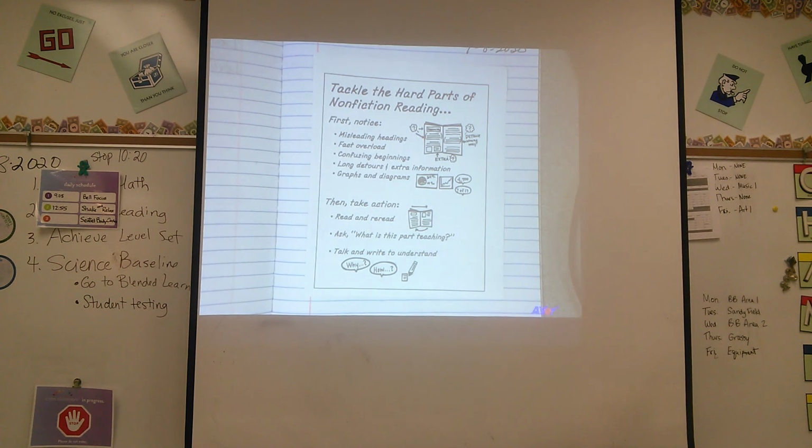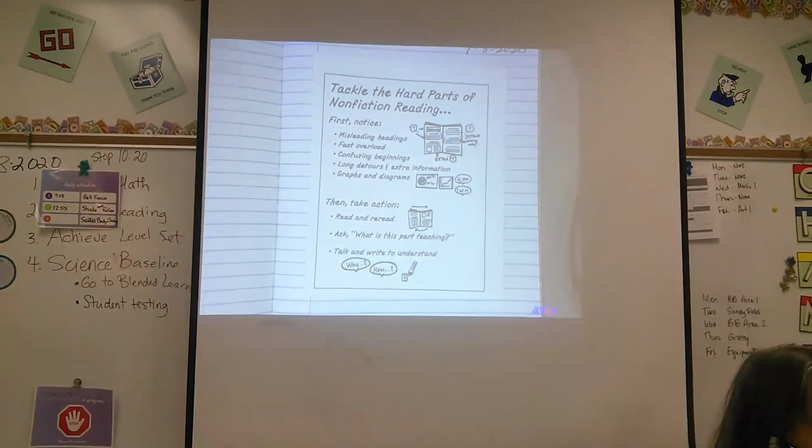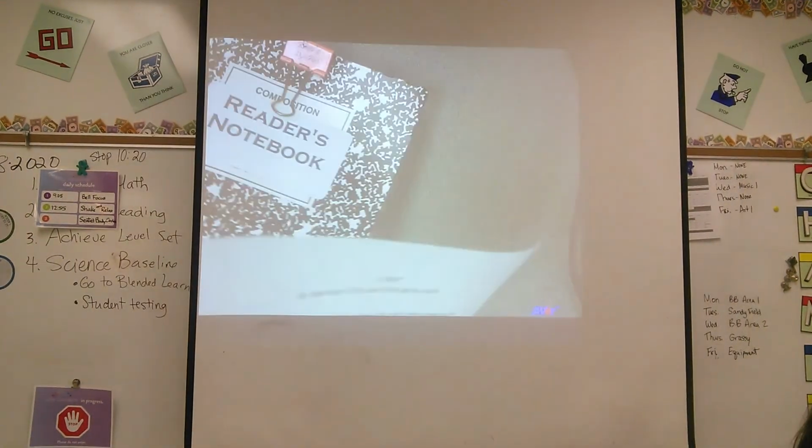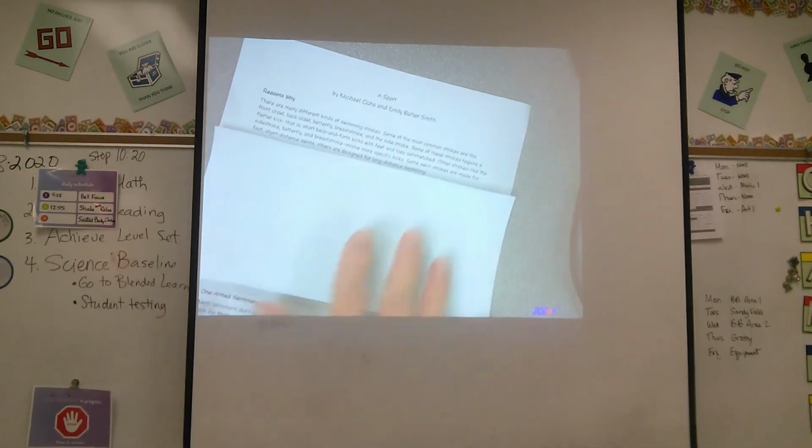Yes? Okay, good. All right, so today we're going to talk about some of the obstacles that can make nonfiction text tricky, that can make it hard and difficult for us to understand. So let's take a look at a sample piece of nonfiction text.